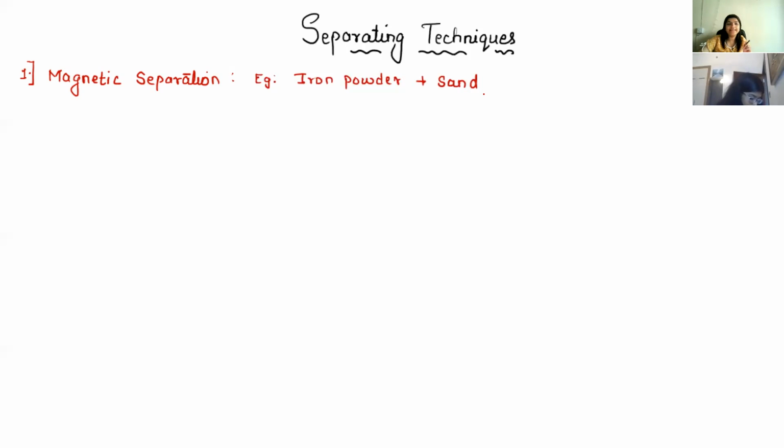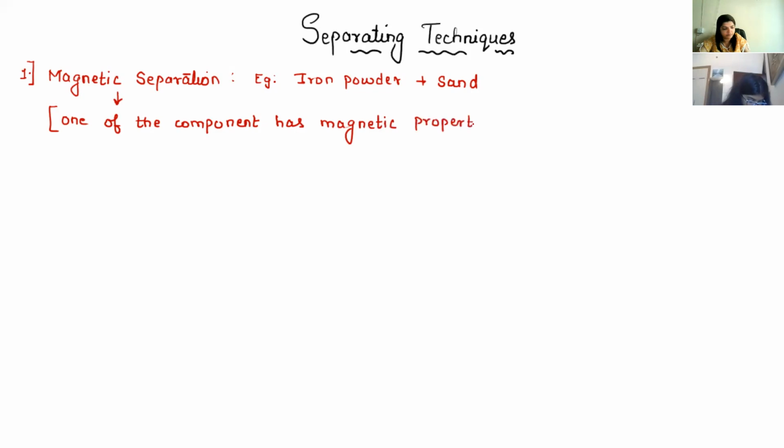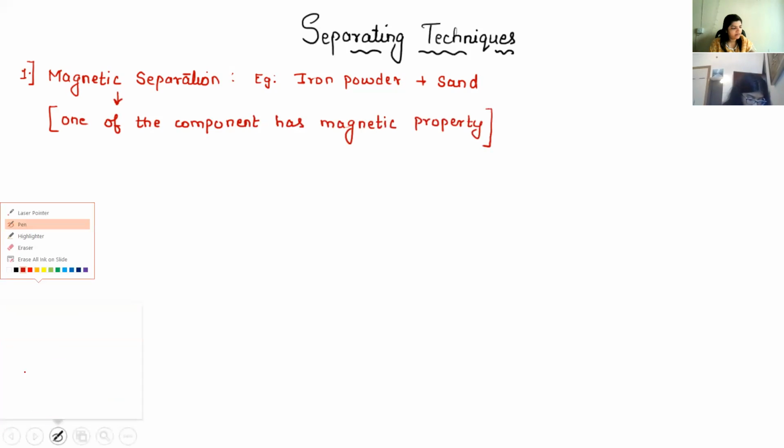You can use magnetic separation only when one of the components has a magnetic property.